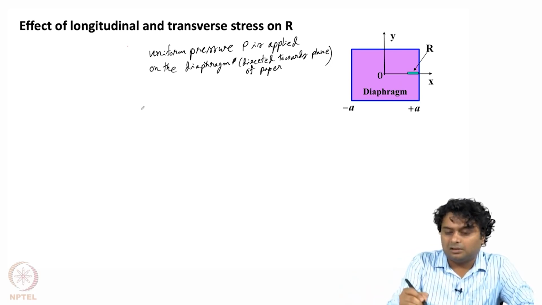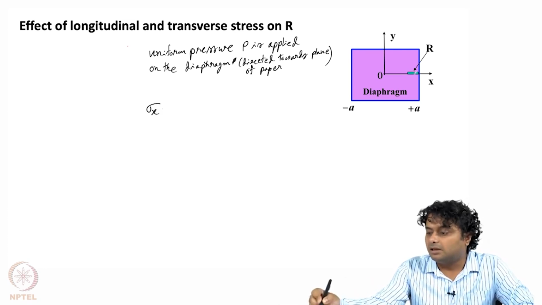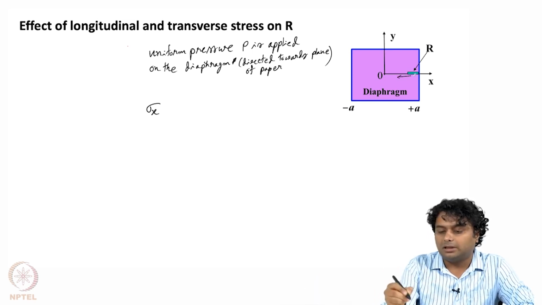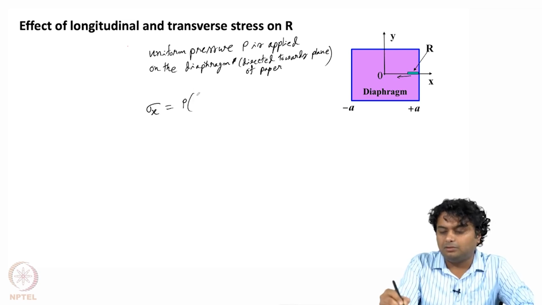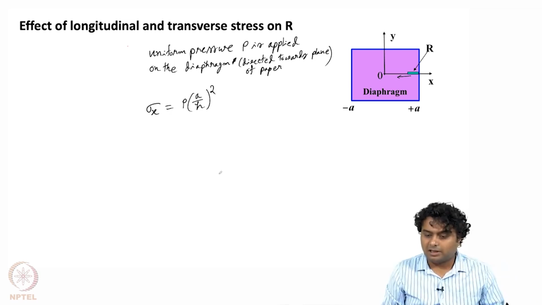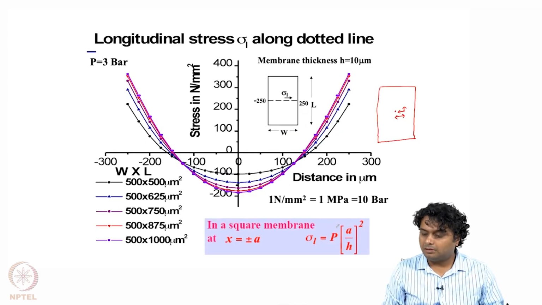Now, the stress component, let us say sigma x. Sigma x is the stress in the x direction, which is working radially, directed in this direction, right. That sigma x is equal to P into A by H whole square, which we write from the plate theory.